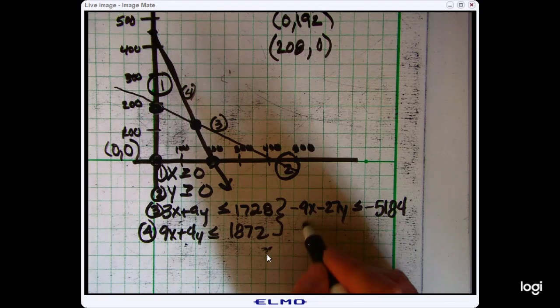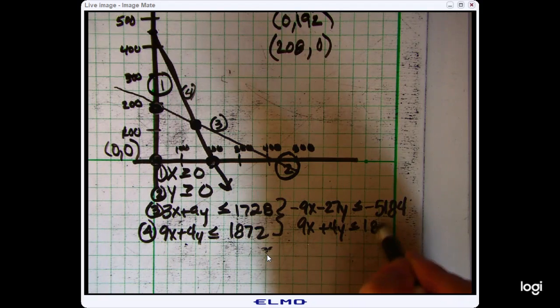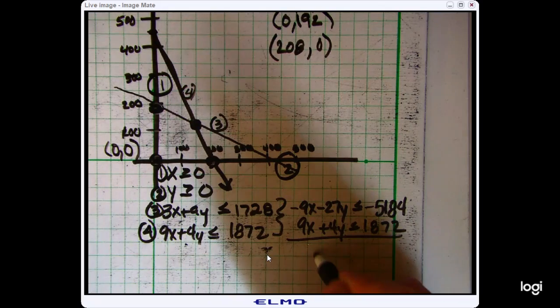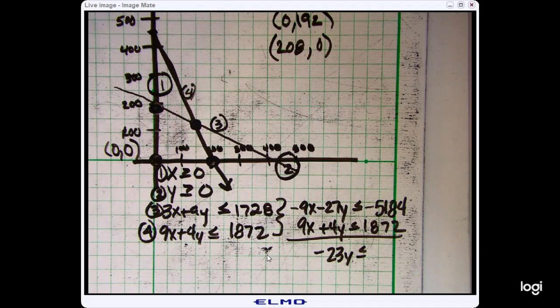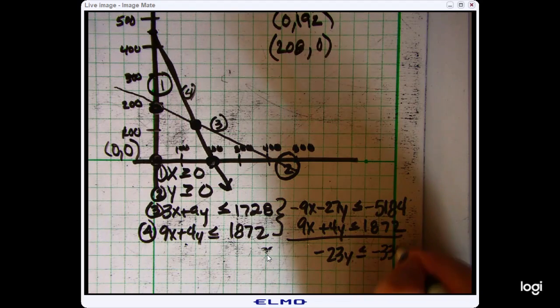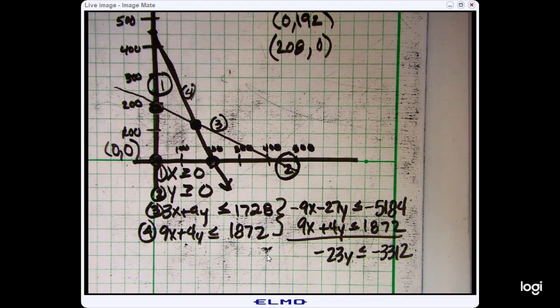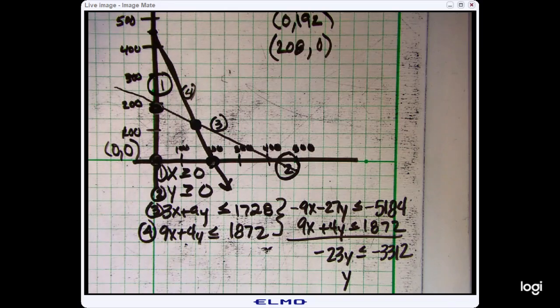And then I can leave equation 2 the same. Negative 23y equals negative 5184 plus 1872, negative 3312. Divide that by our negative 23, and we get a y value of 144.